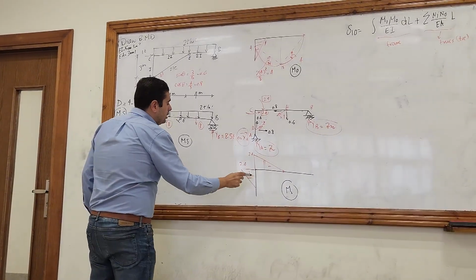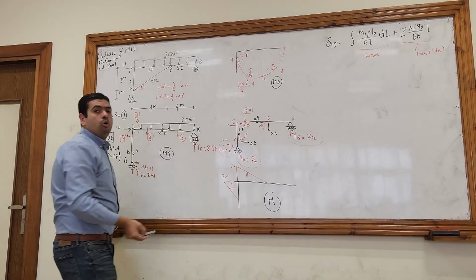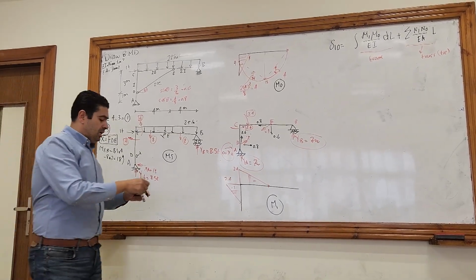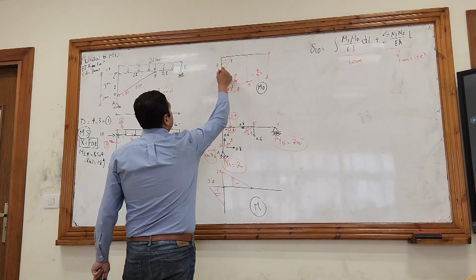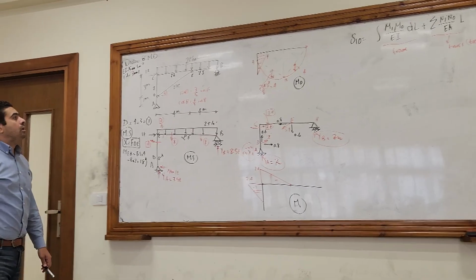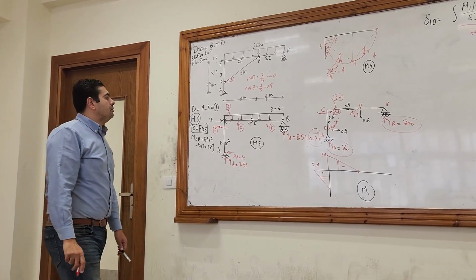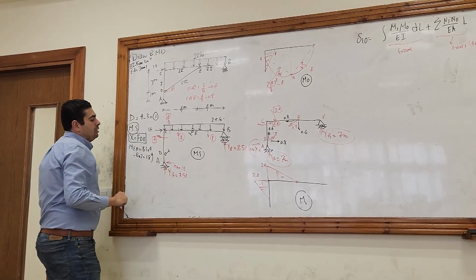But here, it's only for CD. DA has no moment. So now I have to divide the whole triangle that was at CA. I have to divide it at point D.